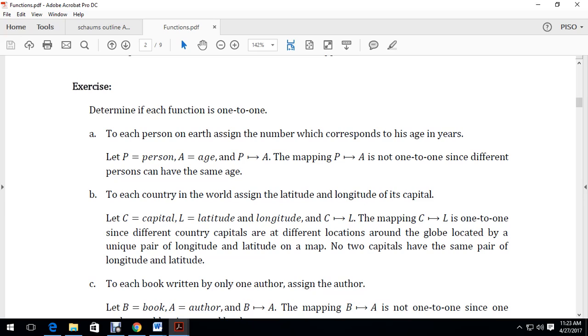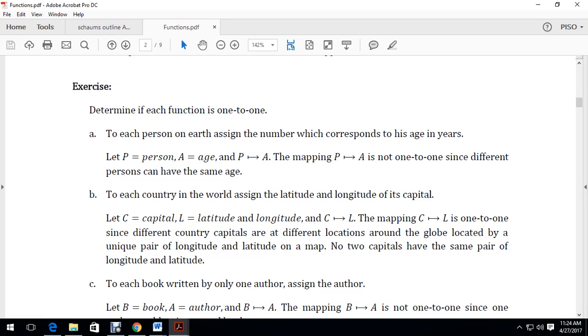Okay, so let's have exercise letter B. To each country in the world, assign the latitude and longitude of its capital. Now, if we let C be the capital of each country, L would be the latitude and longitude combination. Then we have the mapping from C to L. Now, the mapping from C to L qualifies to be a one-to-one function. Why?